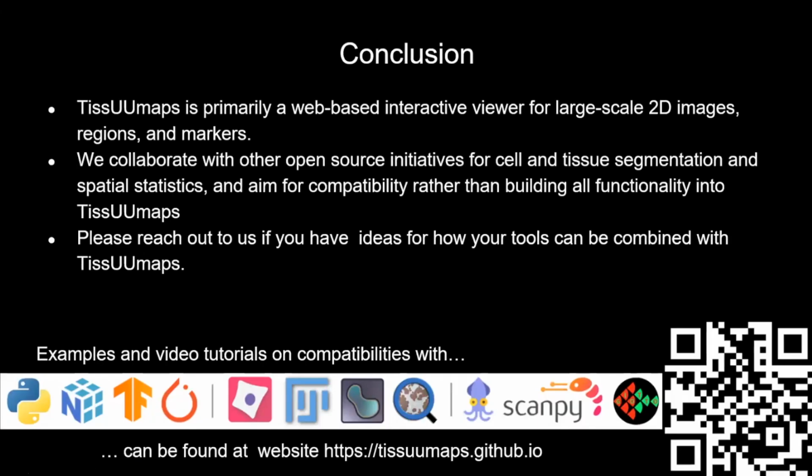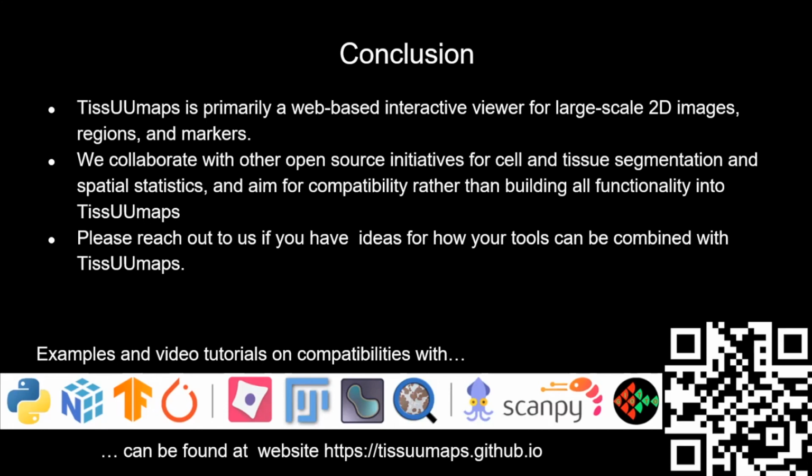So just to conclude on tissue maps, it's really a web-based viewer. So it's meant to be used in the browser, but it's also possible to install locally. And it is for interactive viewing of large scale 2D images with regions and markers on top of it. It's a collaboration with other open source initiatives for cell and tissue segmentation and spatial statistics.